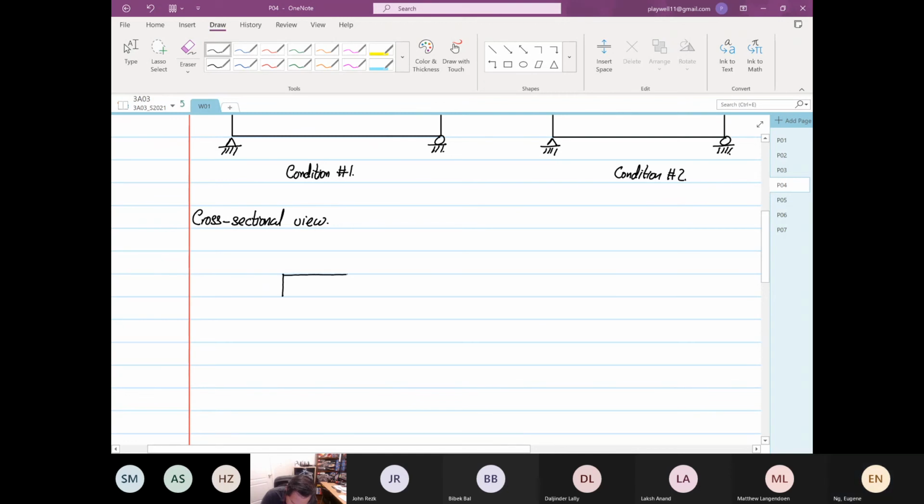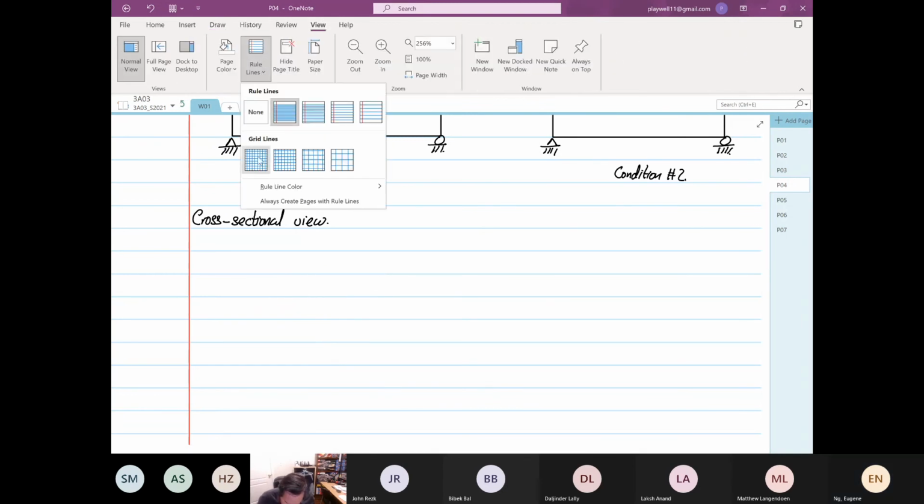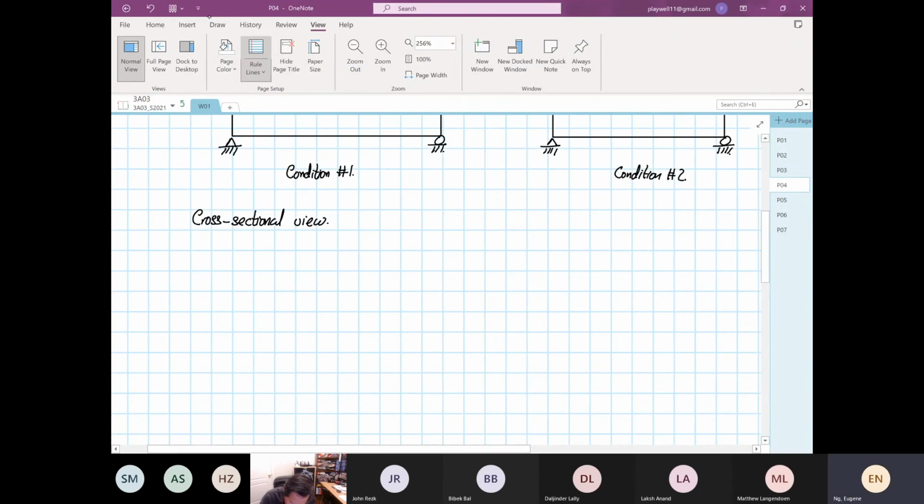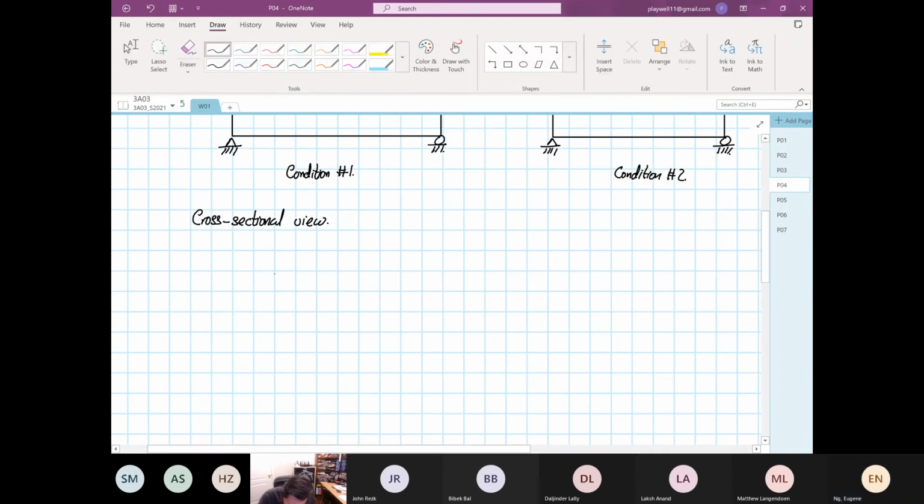Sorry, I have to draw it. Okay, so this is one cross section. Then we have another one.